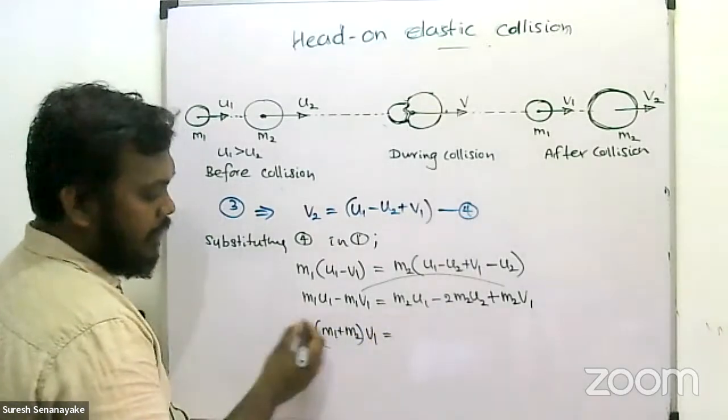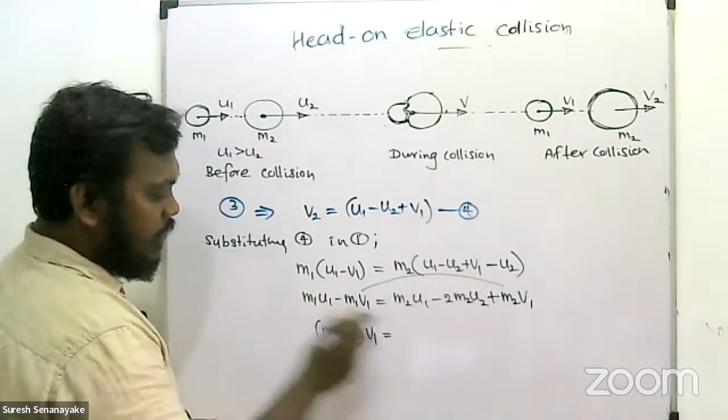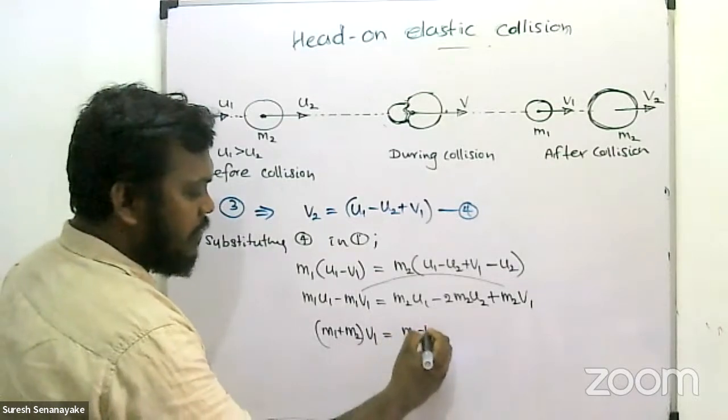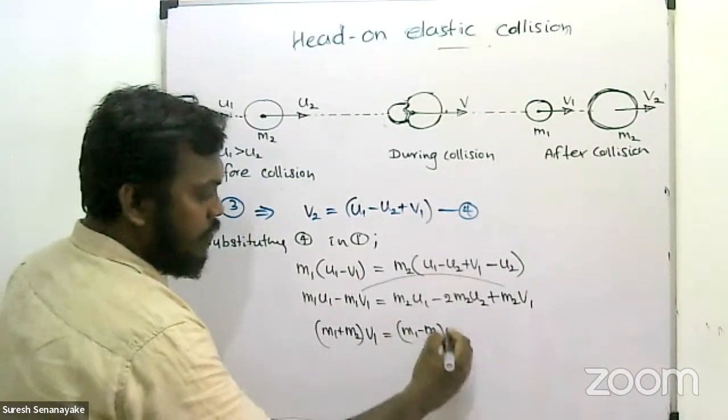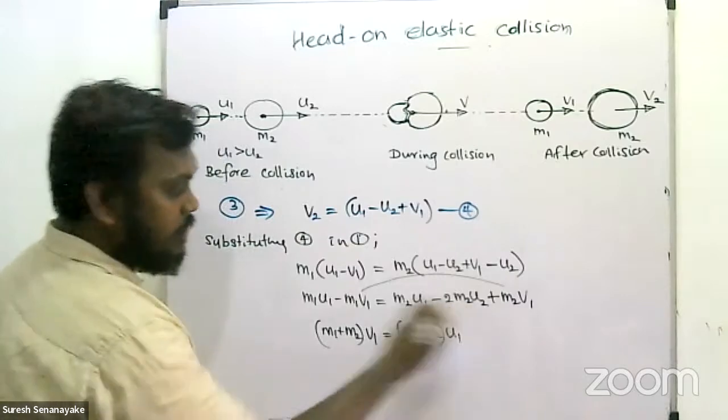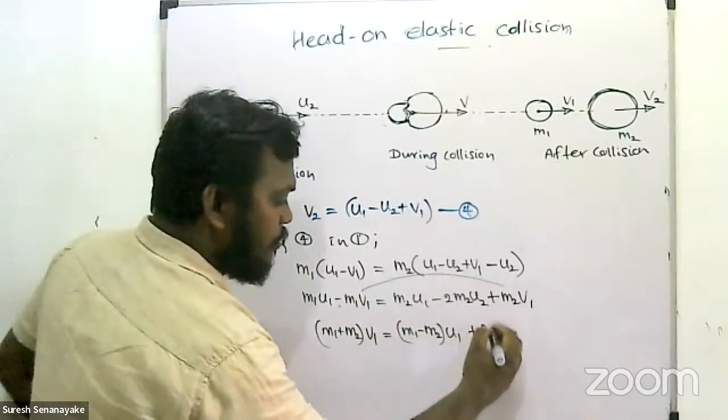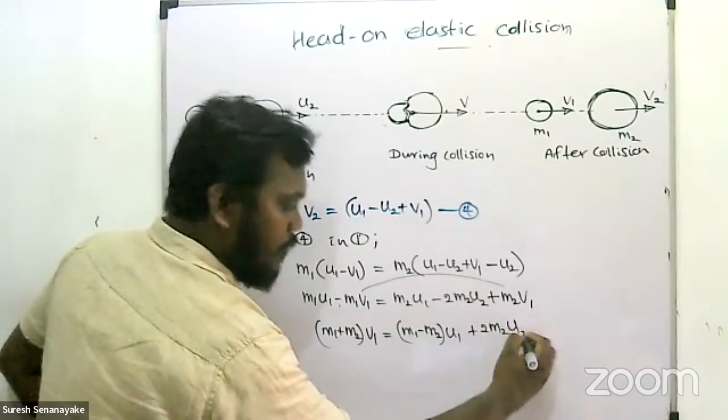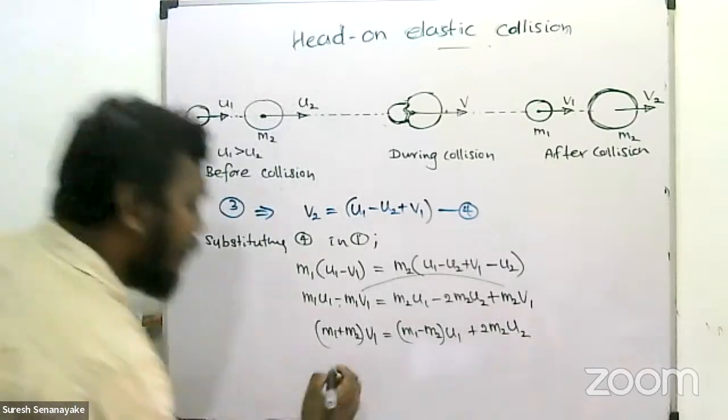Then bring this to this side. Here take out U1, that's M1 minus M2 times U1, and this also goes to the other side, plus 2 M2 U2, and then V1 you can subject.